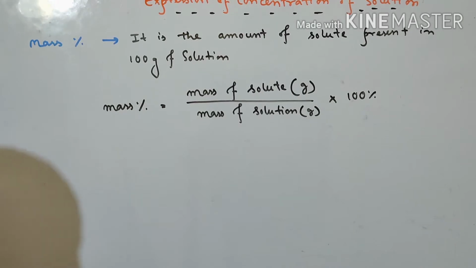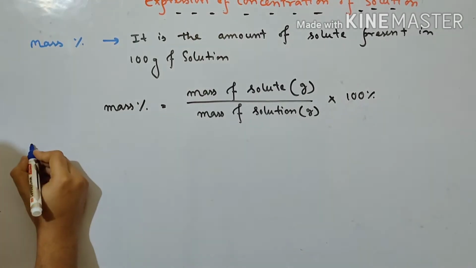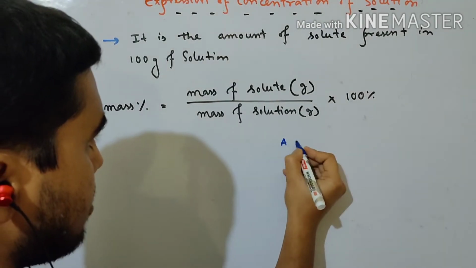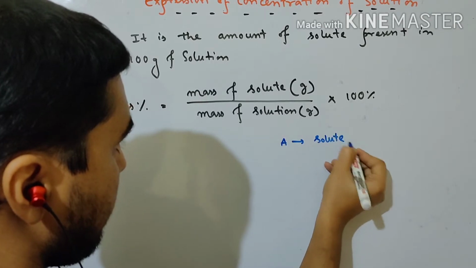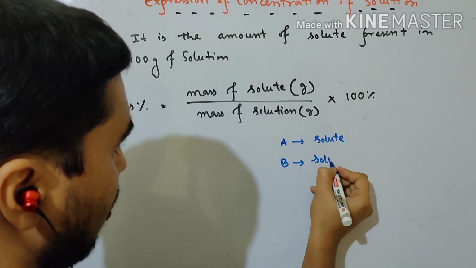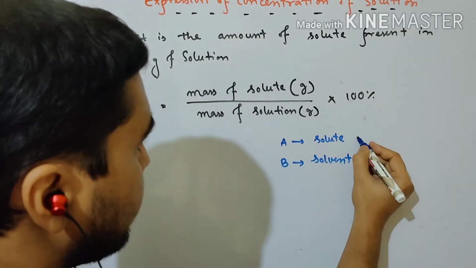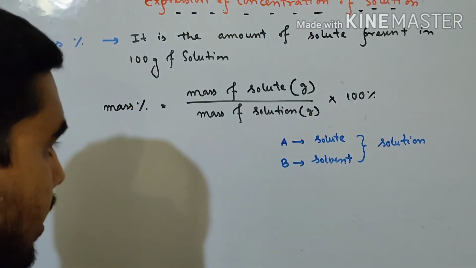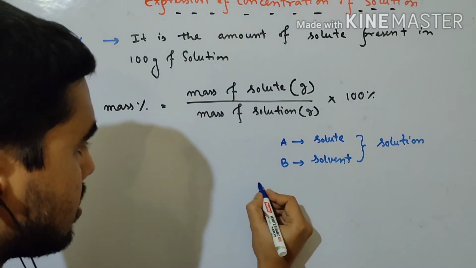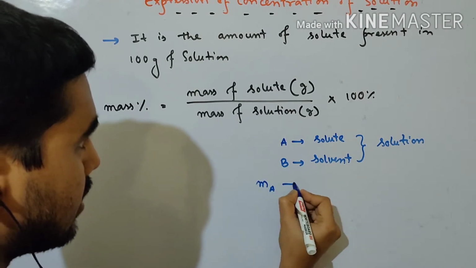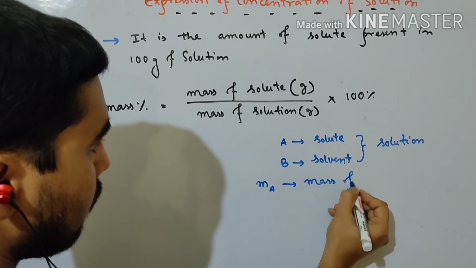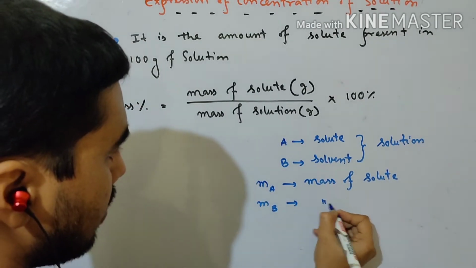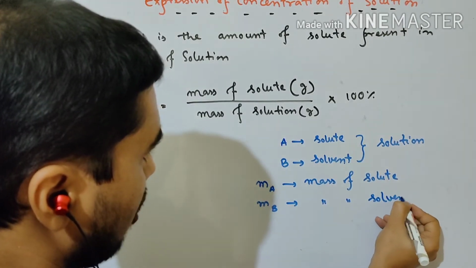Next is mole fraction. Here I would like to give you one example. Suppose A is solute and B is solvent, and these two will combine to form solution. In that case, suppose Ma is the mass of solute and Mb is the mass of solvent.